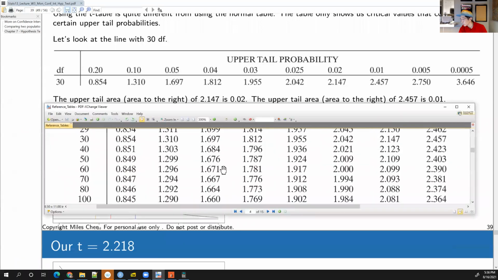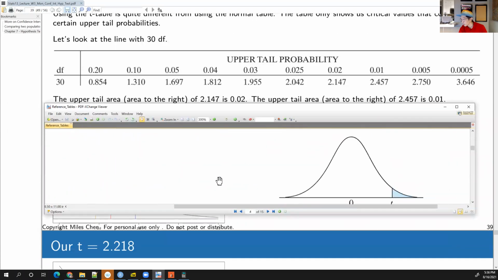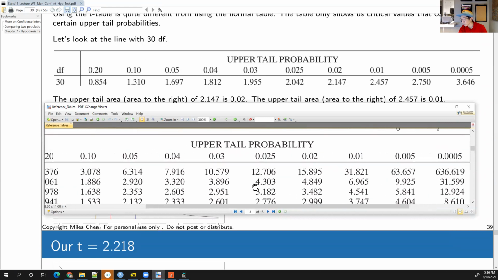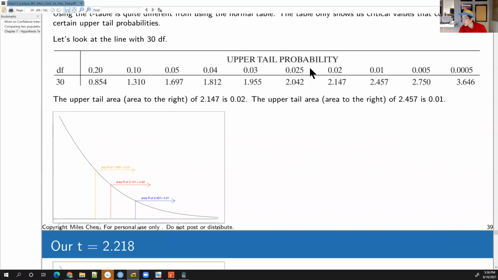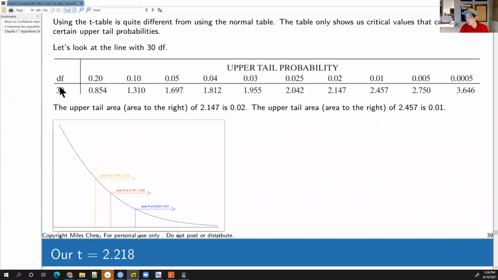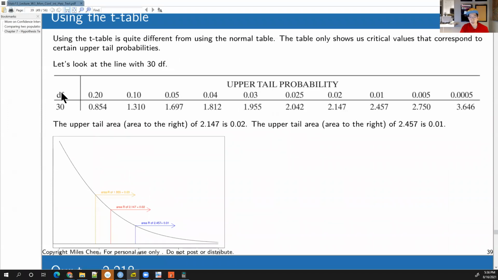And then at the very top, they have what says upper tail probabilities. So I just copied that top heading row, upper tail probability, and the corresponding row for 30 degrees of freedom. Is this okay? All right, and so what this says, and let me zoom in here, okay?